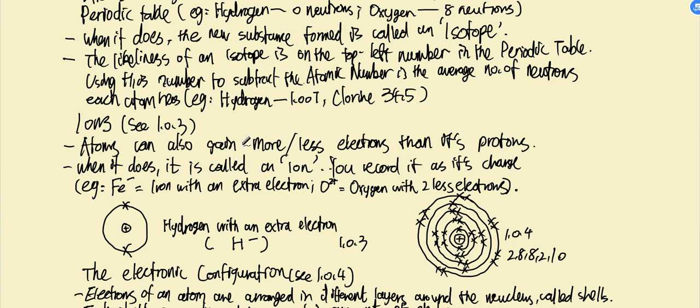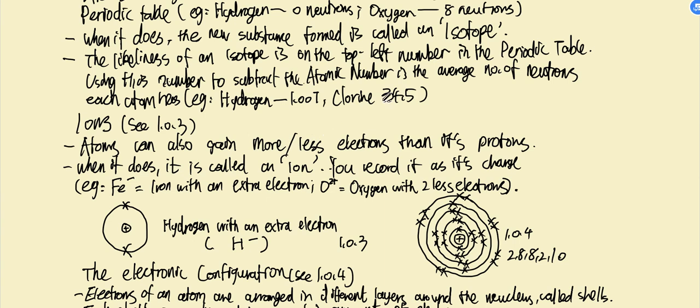So atoms can also gain or lose electrons, so they have more or fewer electrons than protons. As you've learned in KS3 or GCSE, a nitrogen atom has 7 protons, 7 neutrons, and 7 electrons, and it's a balanced atom. But atoms can be unbalanced, right? Of course they can.